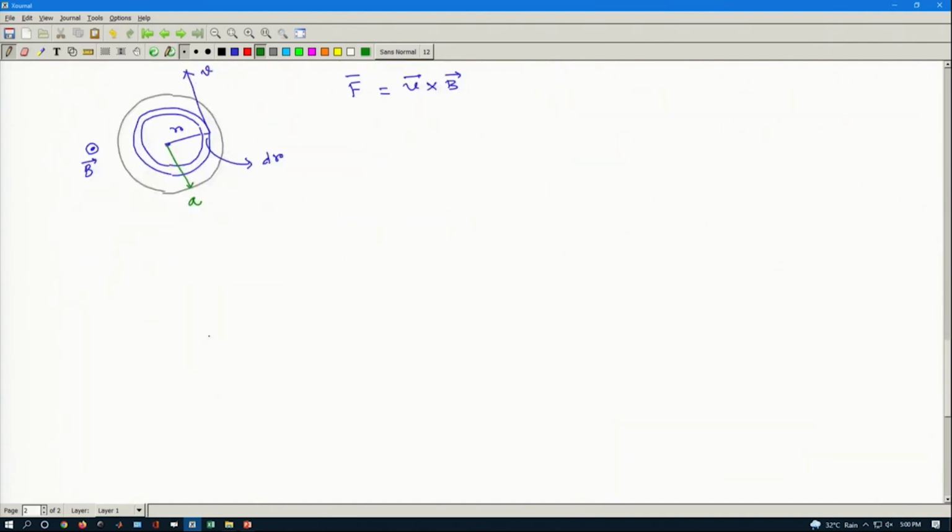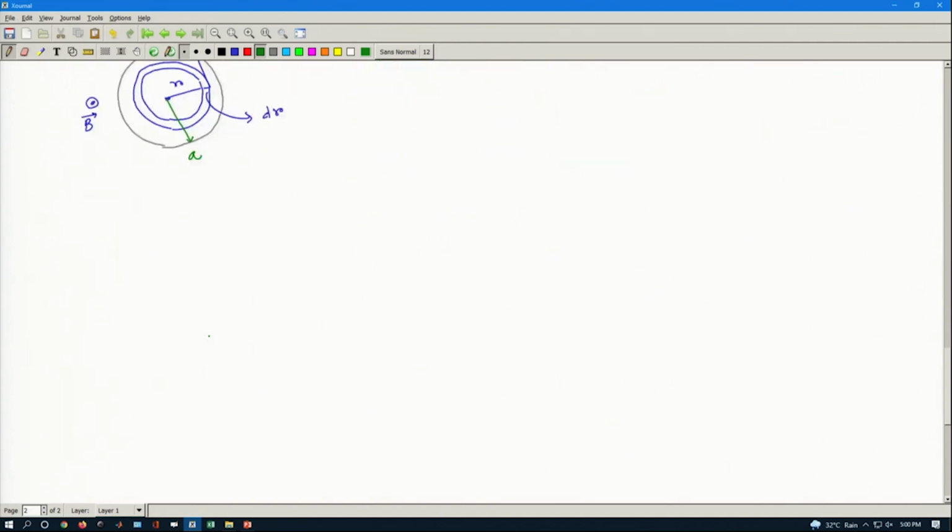Okay. So, let me draw the system once again. I have this conducting disk, and it is rotating along its axis, and an external magnetic field is there.